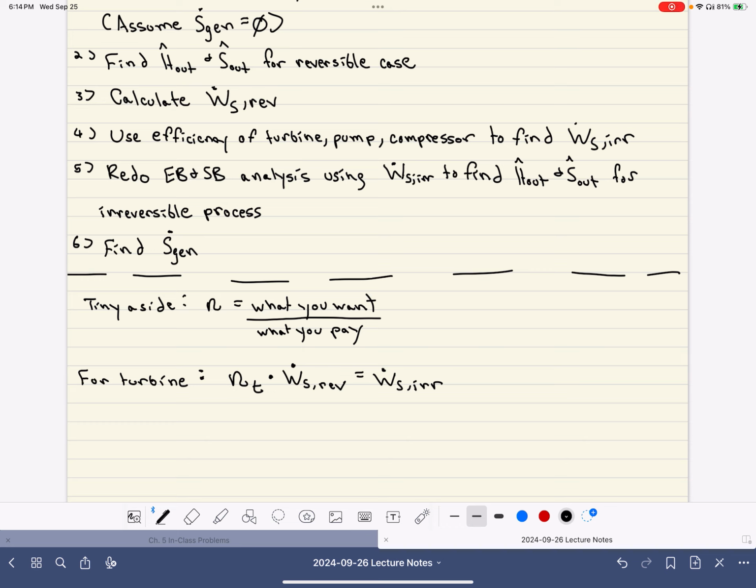And so that's because with a turbine, the irreversible case is the actual work that comes out of the system, right? With a turbine, the whole idea is you're extracting work from the process. The work is leaving, okay? And so the irreversible case is the actual work that comes out of the system. While the reversible shaft work, that's just based on whatever the properties of the streams are.